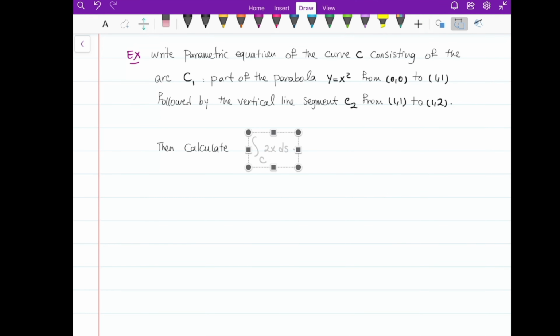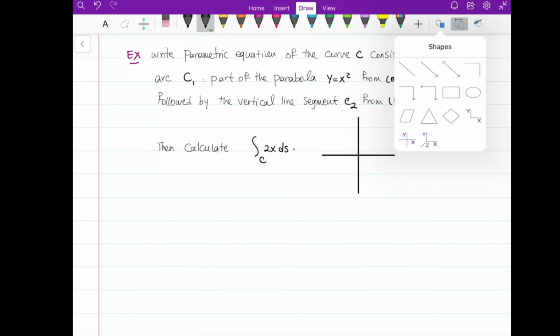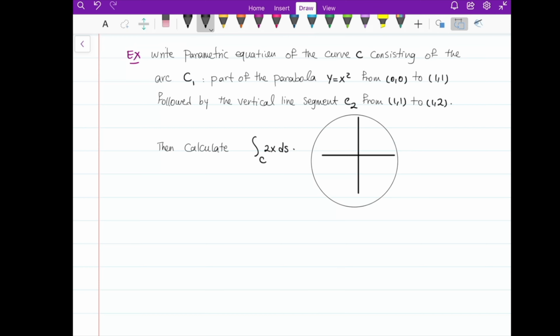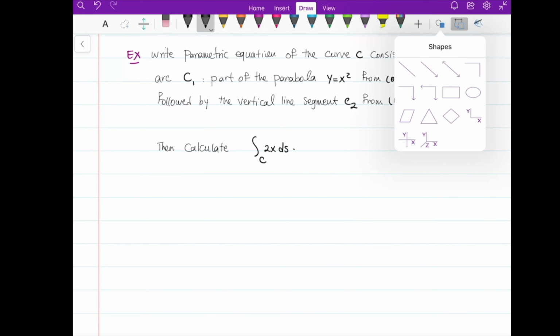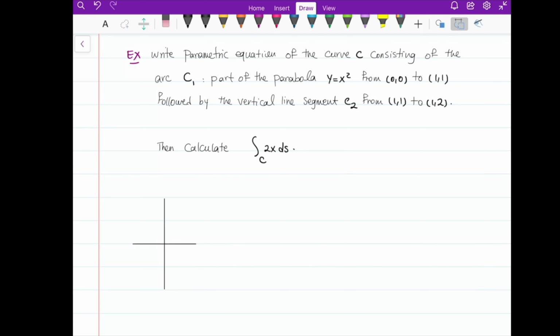I'm going to have x and y axes. So the curve C consists of two parts. Part of the parabola y equals x squared, from 0, 0 to 1, 1.